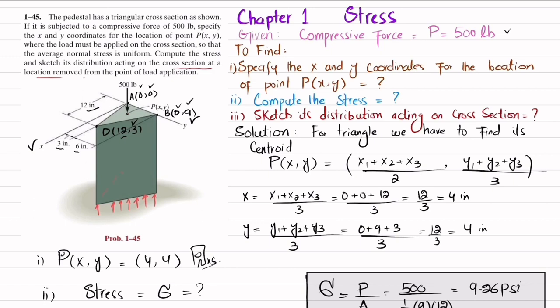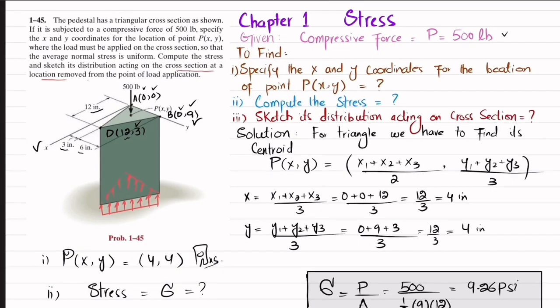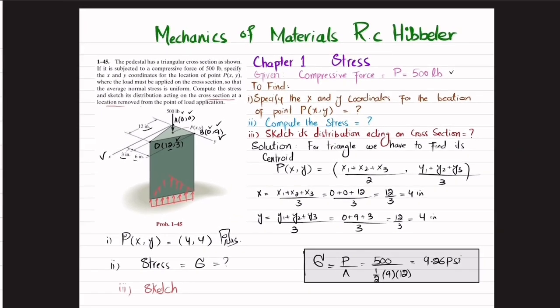Similarly, on this face and on this face, the stress will be downward. So this is the distribution of stress along its cross section away from the point of load application.